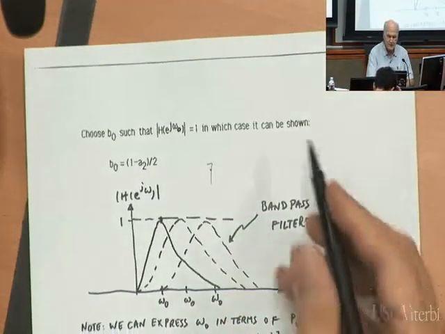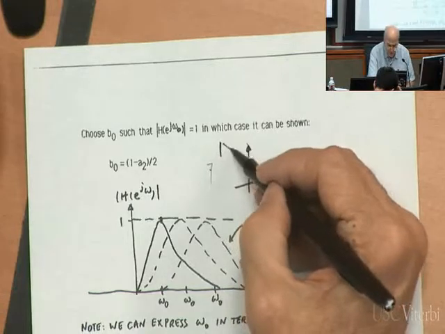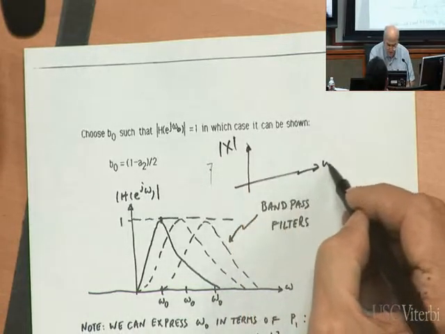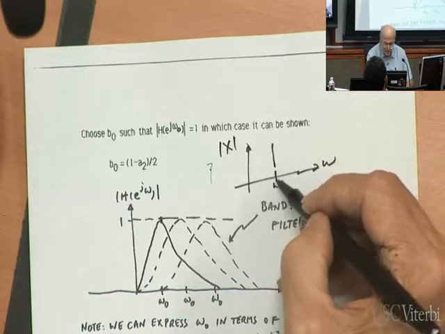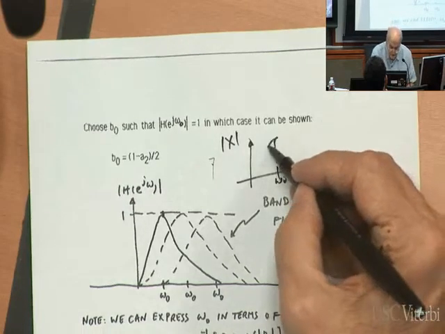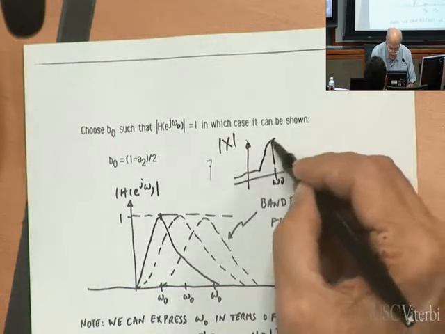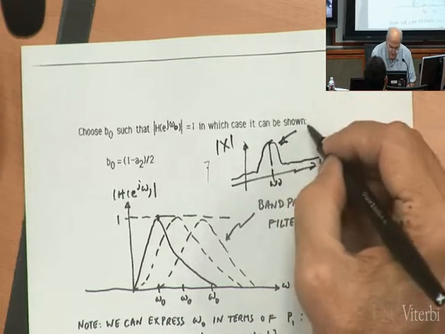So these are ideal for, suppose your magnitude of my input versus frequency had some signal of interest right at omega naught. This was not interference in this case. This is a desired signal, but then out here there's a lot of noise.